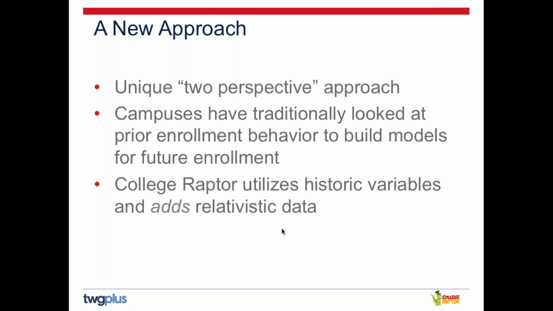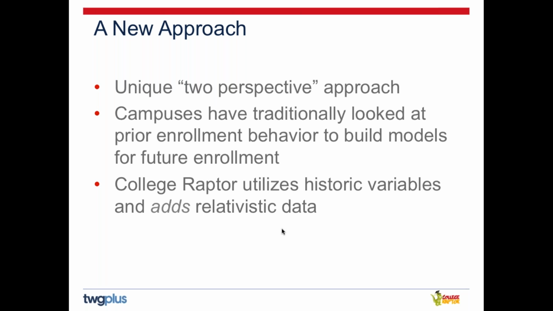Historically, most institutions have looked at their previous enrollment data to say what factors predict enrollment. We use things like test scores, like SAT score, ACT score, distance from home, whether the students visited campus or not, how long they were in the inquiry pool, how long they were in the applicant pool, things like that.